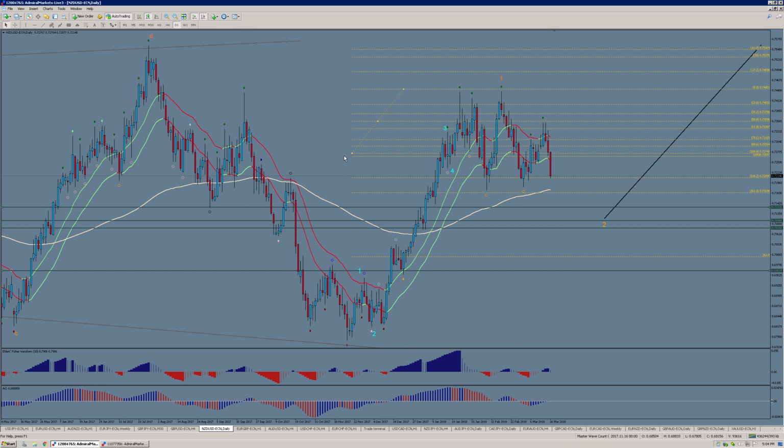Okay, so next is how to draw the Fibonacci tool, how to draw Fibonacci lines correctly. There are several ways of drawing them, but the most common way is what I will show you, because in some ways it's got its advantages to go with the most common way, because most traders will draw them like that, and therefore they will use those same levels for trading.